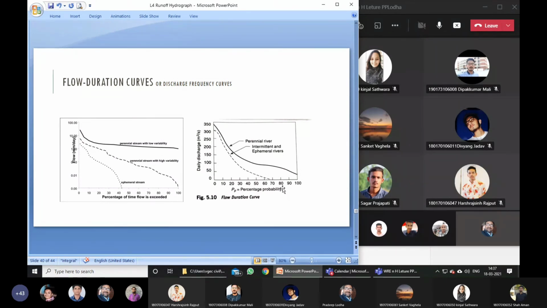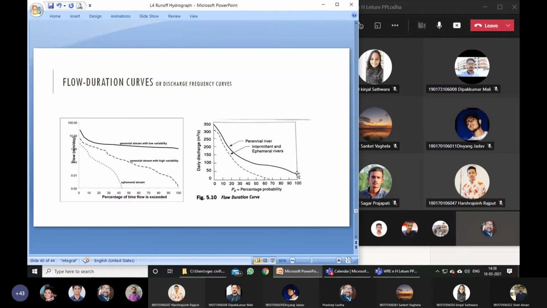This gives probability. It's not an exact amount. This is based on previous data, like 20 years, 30 years of data. Somebody has done the calculation and drawn this curve for the Sabarmati. Now, second thing: the first is a solid line and it doesn't have zero values anywhere.